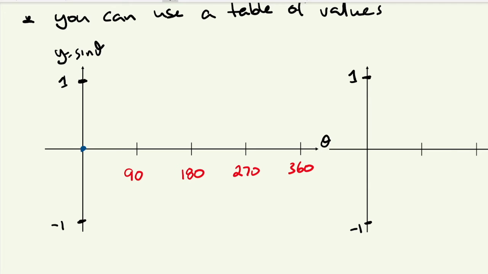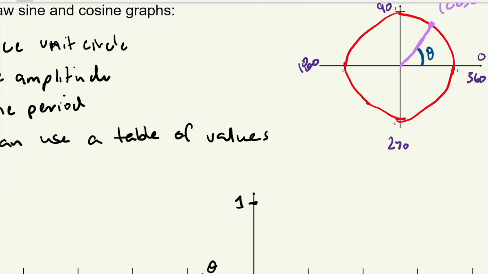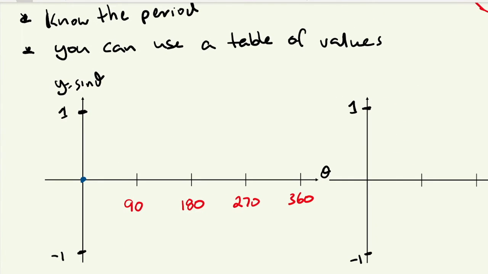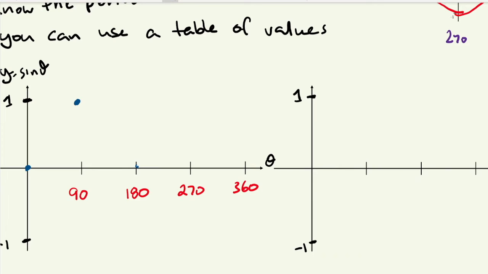When theta equals 90, let's have a look. When theta equals 90, y, or sine theta, equals 1. So I'm going to put the 1 up here. That dot. 180, well, that's back to 0 again. 270 comes down to -1. 360 is back up to 0.